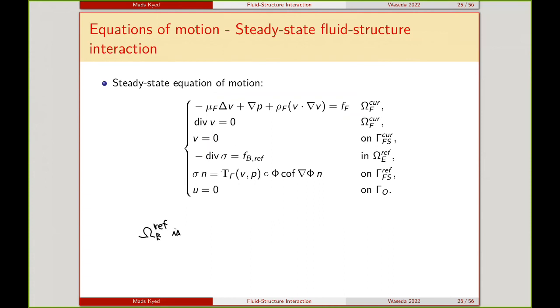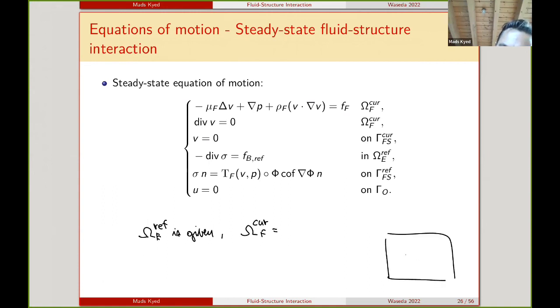Yes, it's okay. But then you have two domains. One is the elastic domain, omega. So the omega, the current configuration of the fluid, this is the complement. So let's say we have a bounded box, and the full domain, let's call it B. Yes.